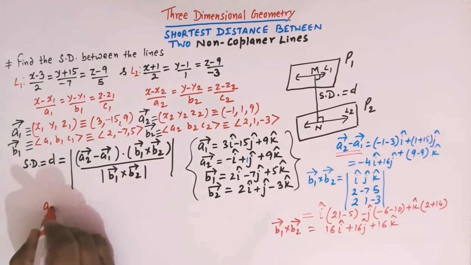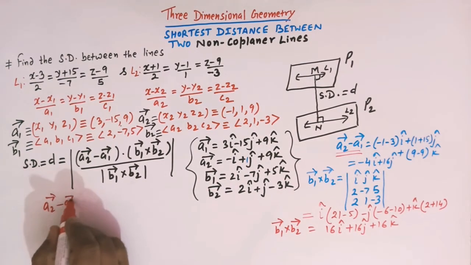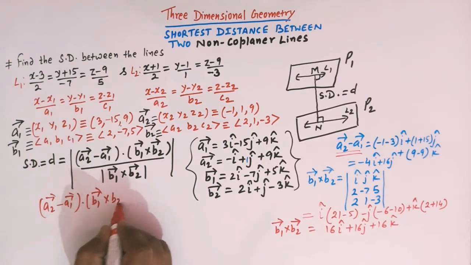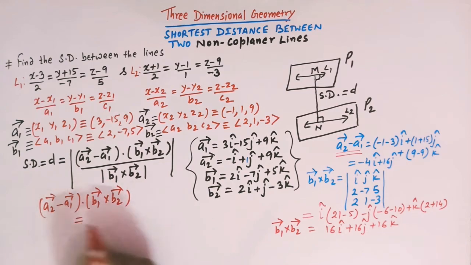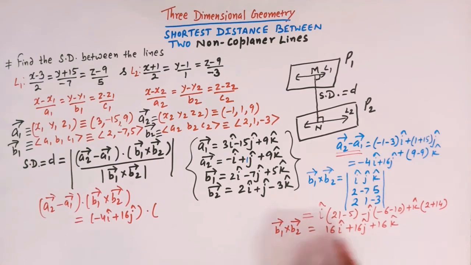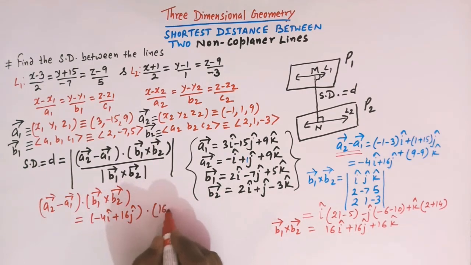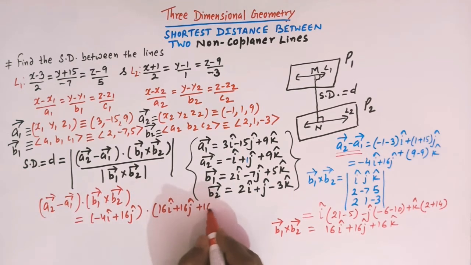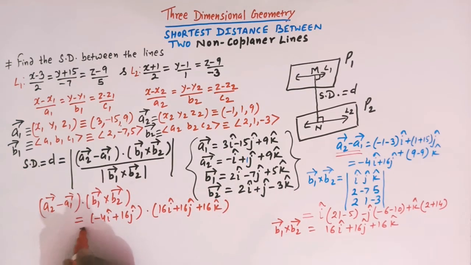So a2 minus a1 dot b1 cross b2 can be calculated as minus 4 i cap plus 16 j cap, dot product with 16 i cap plus 16 j cap plus 16 k cap. We know how to find the dot product of two vectors.